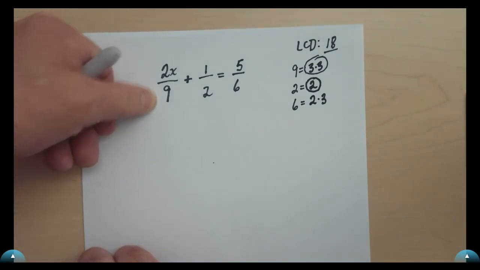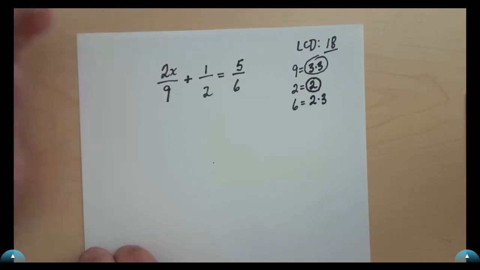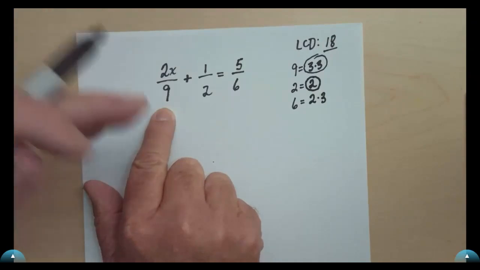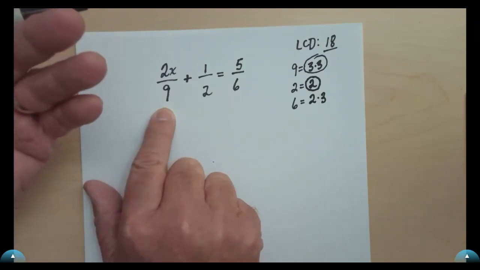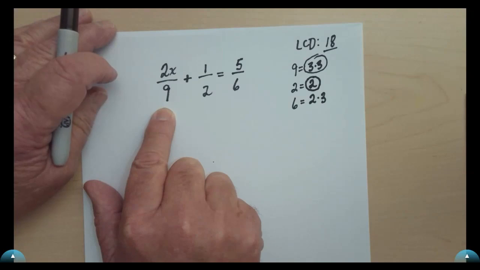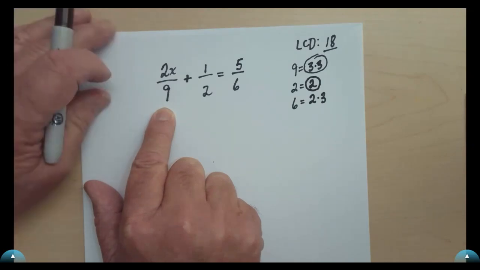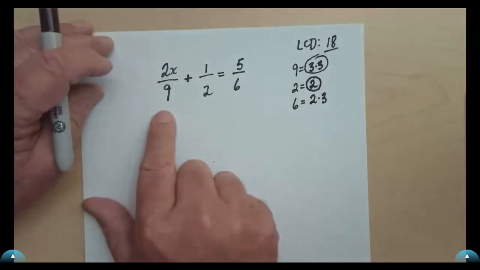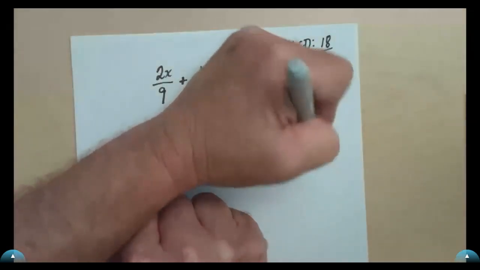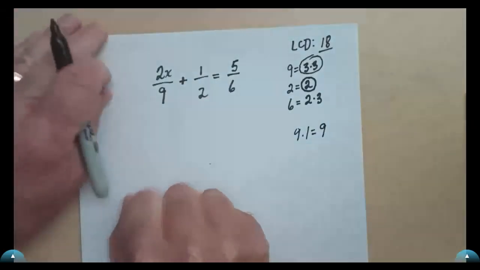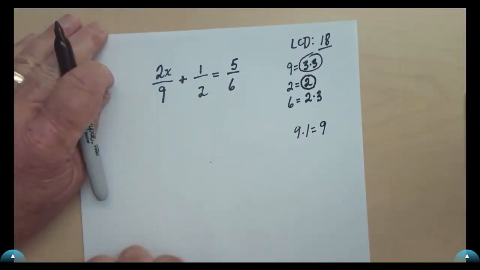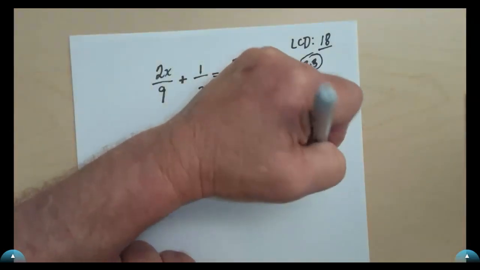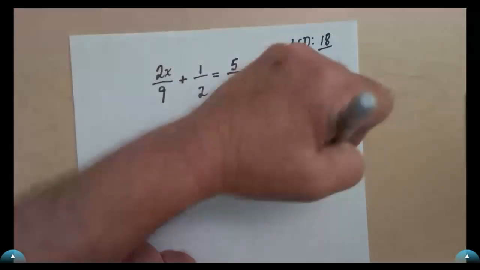That doesn't help us. So one way to do this that's often pretty fast is to look at your biggest denominator, and look at each multiple of it until you find the first multiple of 9, in this case, that 2 and 6 also divide into. To show you how quick that is, 9 times 1 is 9. But that won't work because 2 and 6 won't divide into 9. So look at the next multiple, 9 times 2, which is 18.